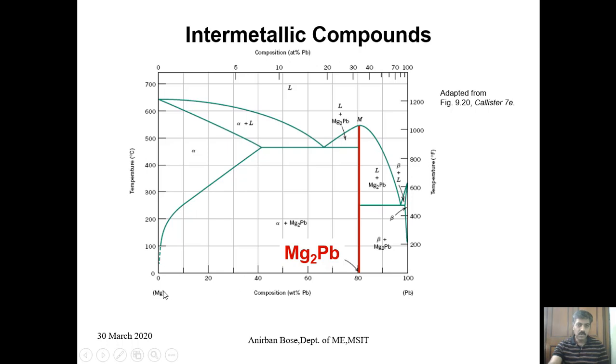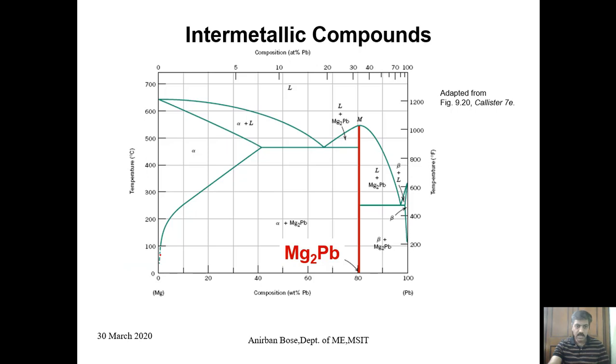Okay, so when lead is mixed with magnesium, you can see that only a few percentage of lead will go into magnesium. So lead and magnesium have limited solubility, they do not have extensive solubility. That is very clear from this.